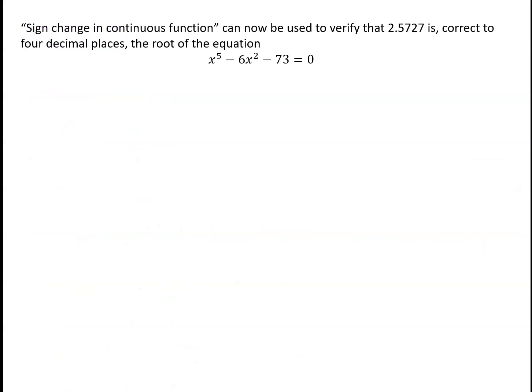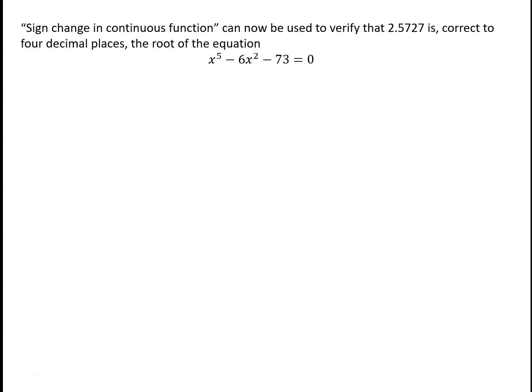We can now use our sign change in a continuous function to verify that 2.5727 is indeed the solution of x to the 5 minus 6x squared minus 73 equals 0, correct to 4 decimal places.